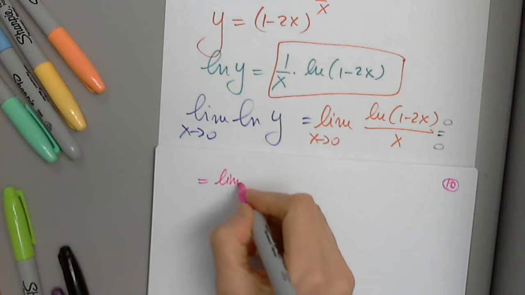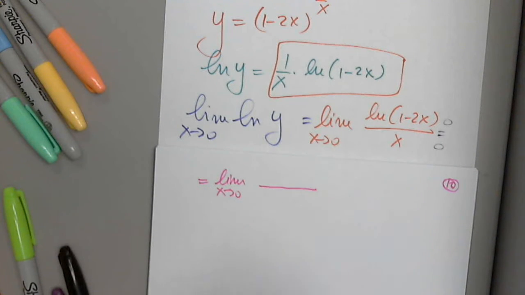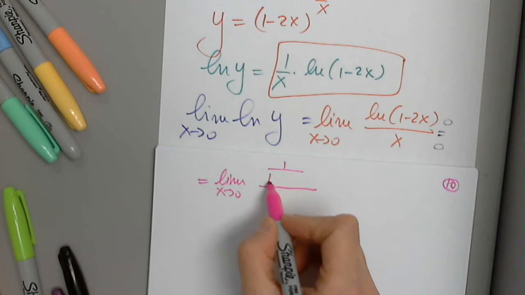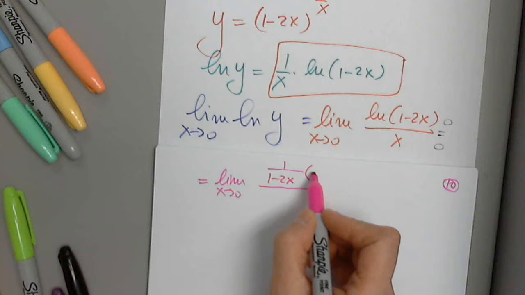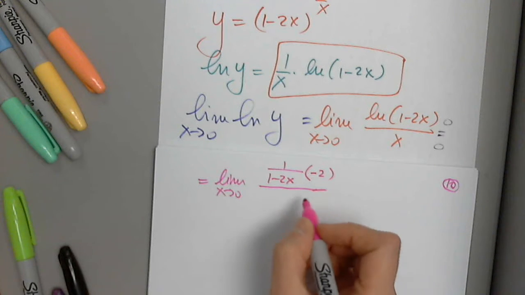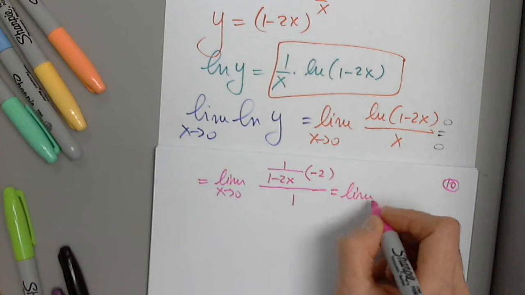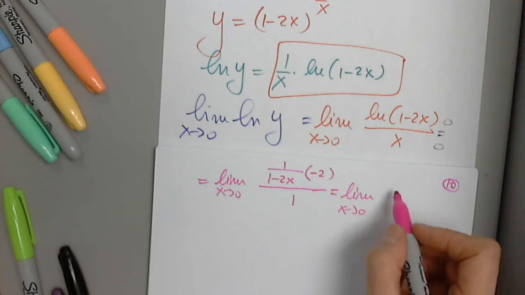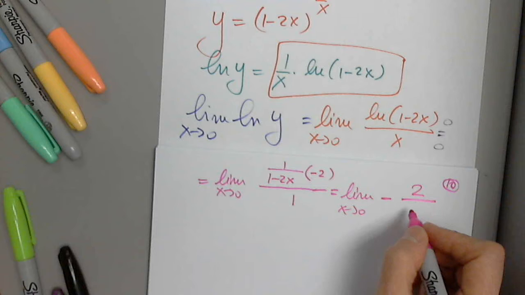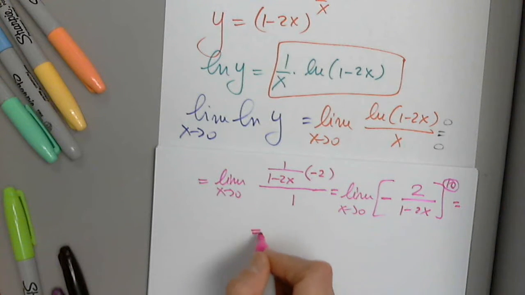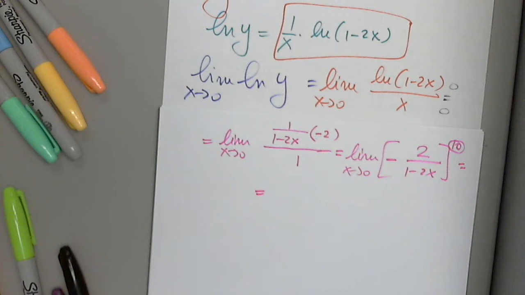So then limit as x approaches 0. Please differentiate the top as if it's alone on the planet. 1 over 1 minus 2x, multiplied by, excellent, the derivative of the inside, negative 2, and the denominator prime, good. Let's write it one more time. Limit as x approaches 0 of negative 2 over 1 minus 2x. And please give me the answer.